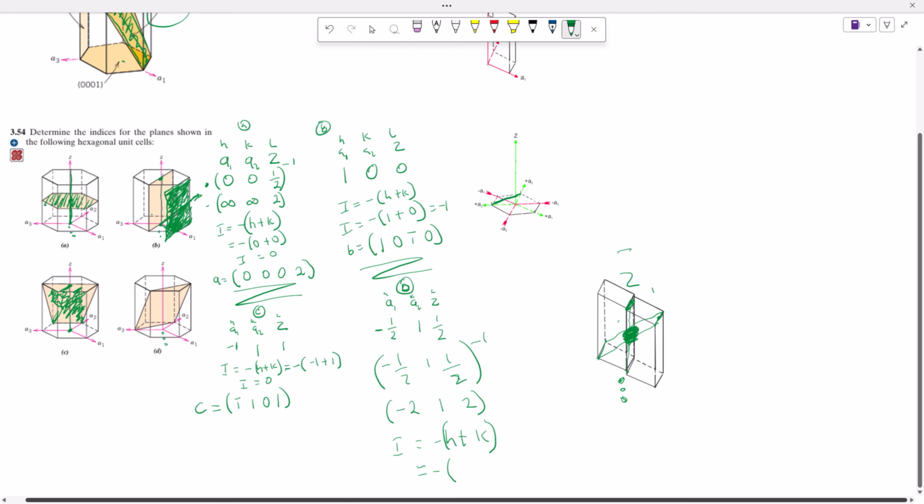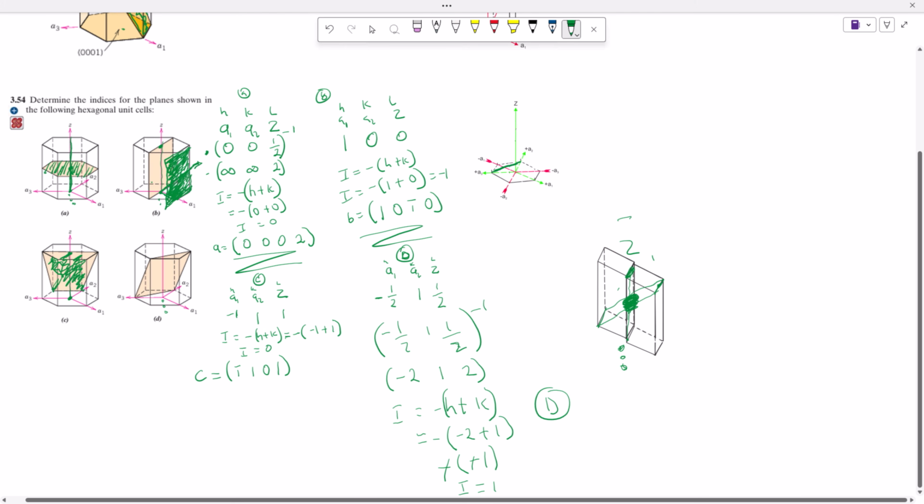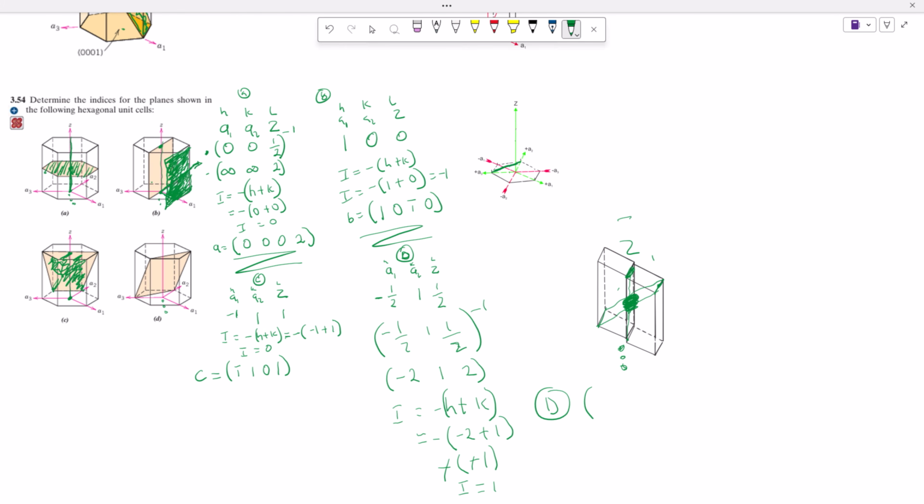So minus open bracket, what's our h? Our h here is -2, plus 1, our k is 1, so here we're going to have a -1, so minus cancels minus, therefore our I is equal to 1. So for D in this exercise, our indices of the plane are bar 2, 1, 1, 2.